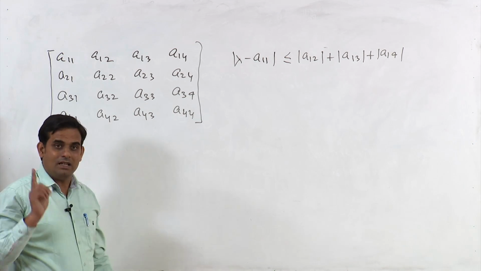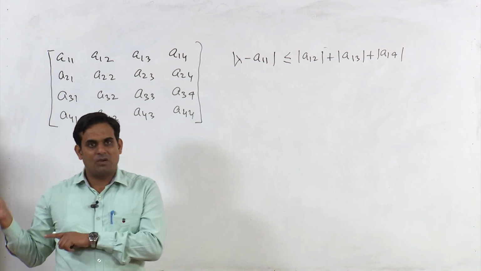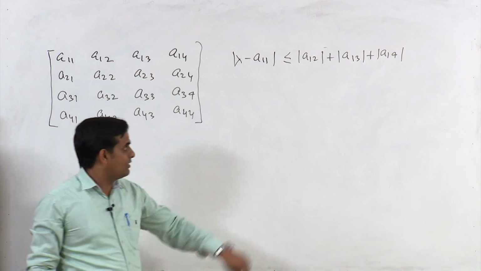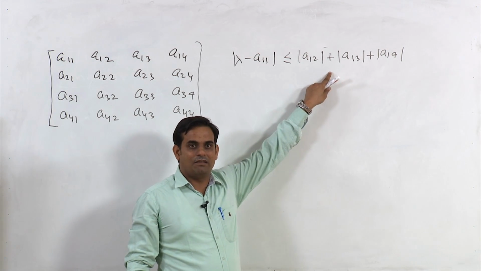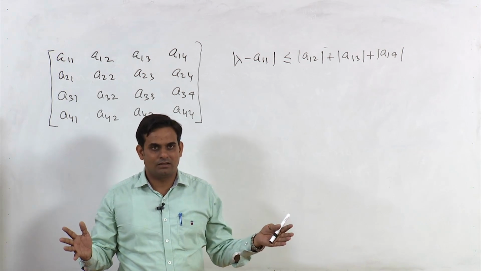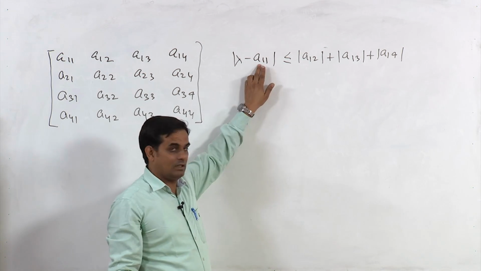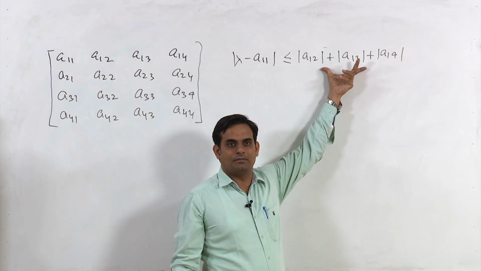And since eigenvalues come from the field of complex numbers, this particular inequality gives me a disk in the complex plane, which has center at a11 and radius equal to this sum.